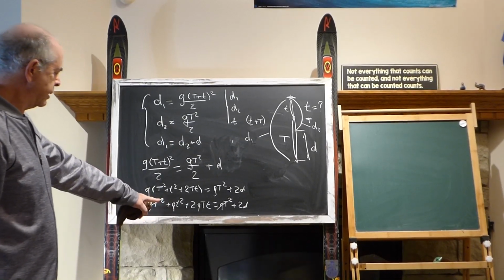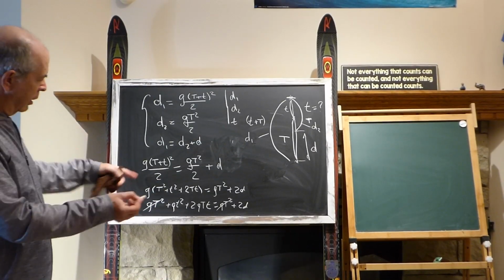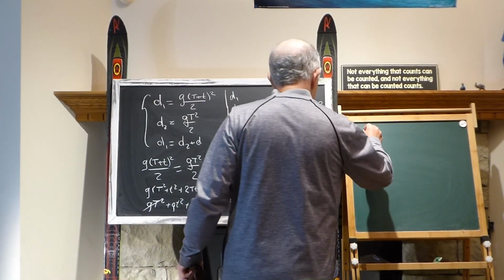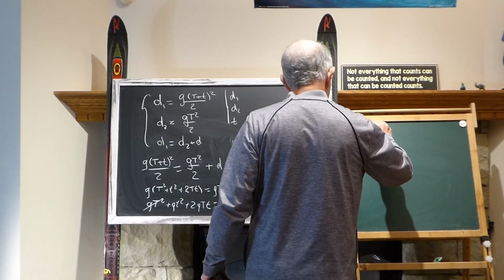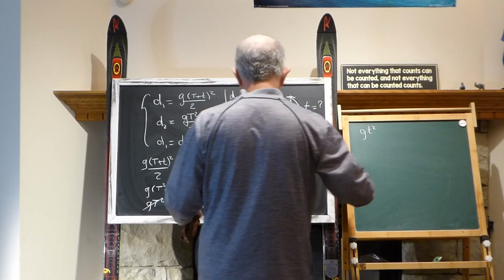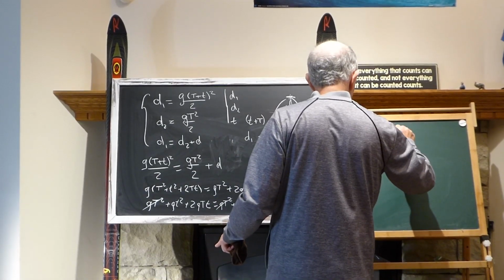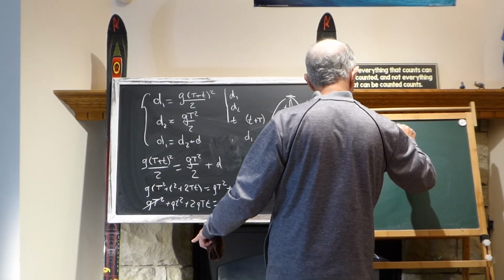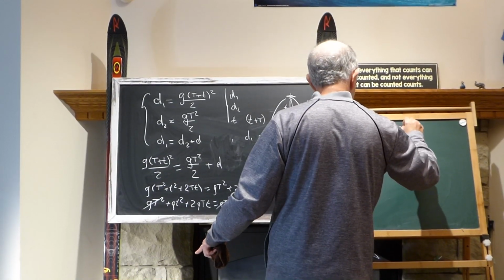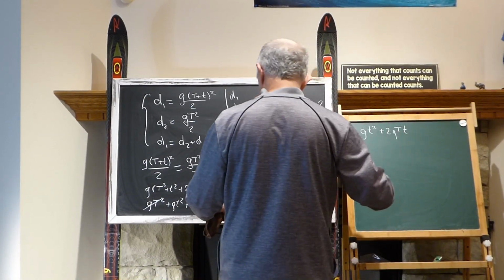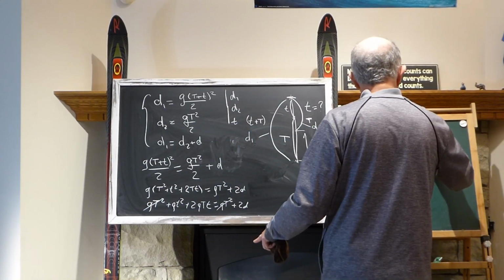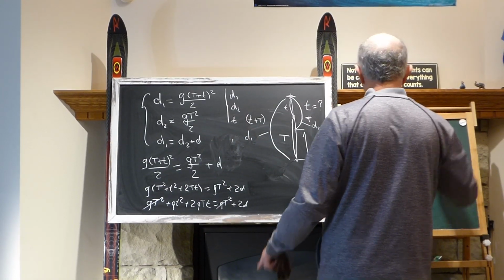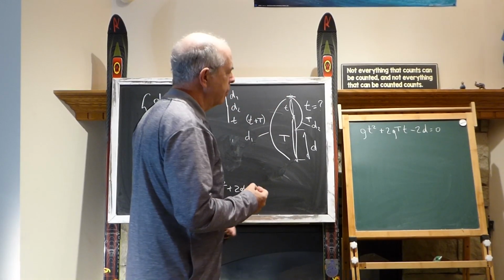Let's put this quadratic equation on one side: g t squared plus 2gT t minus 2d equals 0.